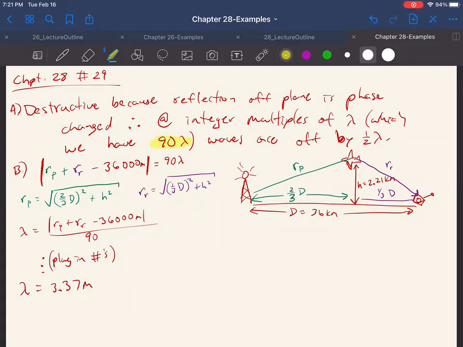So we therefore get a phase change, which means if their path length difference is an integer number of wavelengths, they're really off by half a wavelength because one of the waves got inverted. One of the waves up here got flipped over, and so they're actually out of phase at that point, and therefore we're going to get destructive interference. All right, does that make sense to everybody? That's how you have to think through those ones.